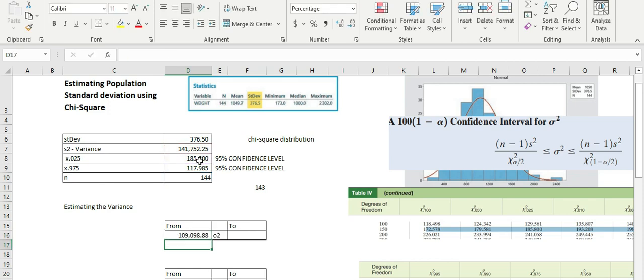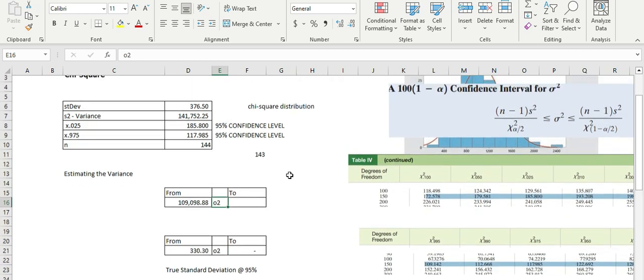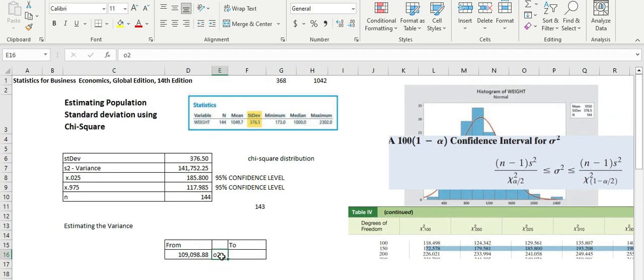By the way, this sigma squared here signifies the standard deviation. This is a Greek letter for this one.